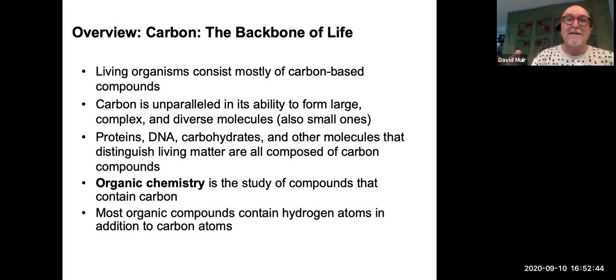Everything that we're going to talk about, proteins, DNA, carbohydrates, all of these things, are composed of carbon. They're all based in carbon. And I'll tell you right now that there's a very important reason for that. And that is that there is a source of carbon very easily available, which is carbon dioxide in the atmosphere.